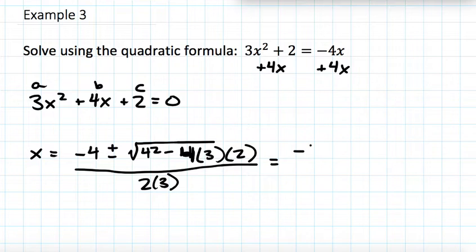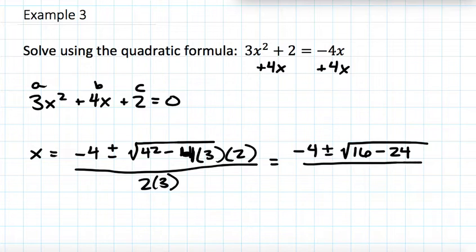So start by working on what's under the square root. 4 squared is 16. 4 times 3 times 2 is 12 times 2, which is 24. Now in this case, I don't have any negatives, so that minus sign is going to stay a minus sign, because I don't have any. 4 times 3 times 2 is positive 24. So 16 minus 24 is negative 8.